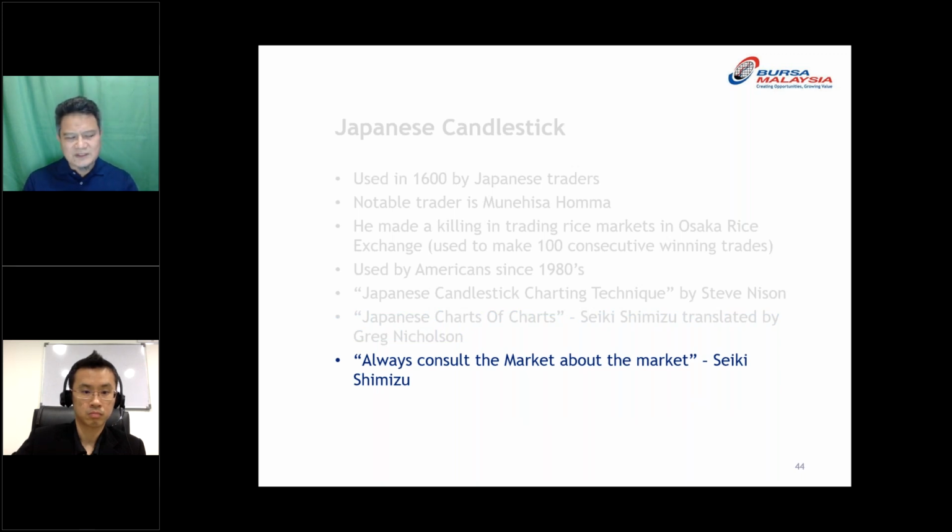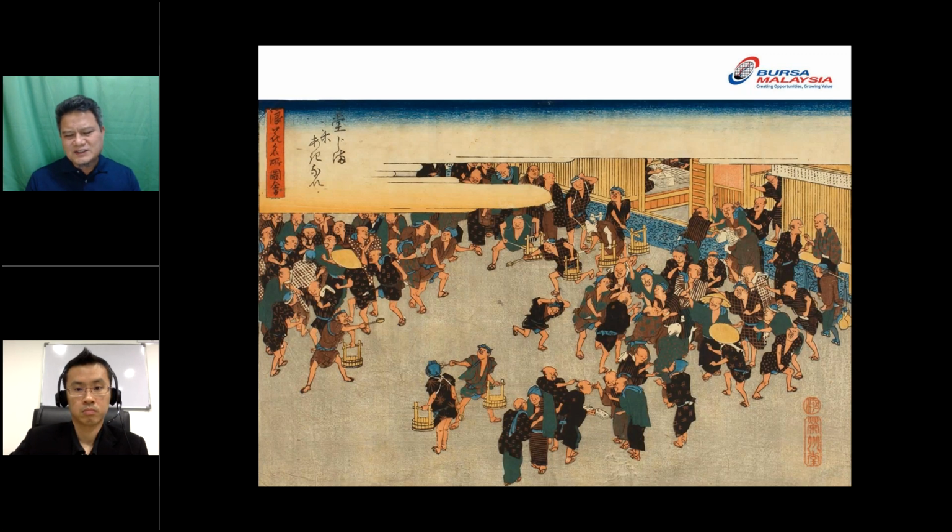So these are the books written in the earlier stage about the candlestick. Now there are a lot of books written about the candlestick, by people like Steve Bigelow, and a lot of gurus of these candlesticks.